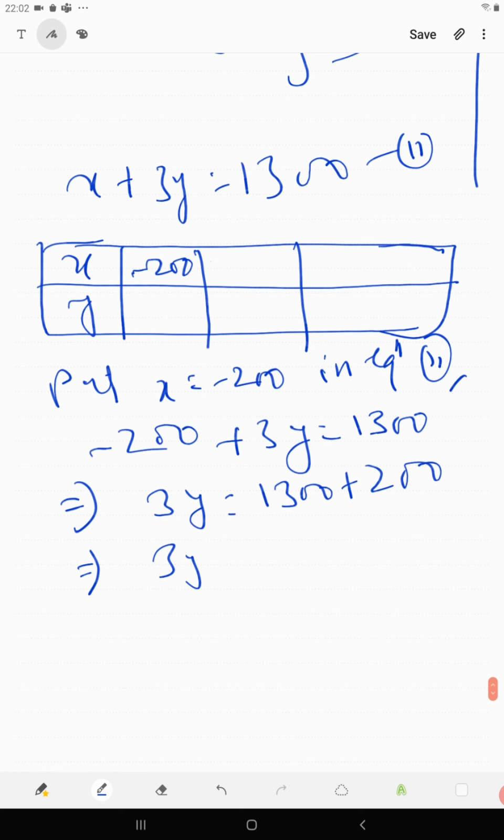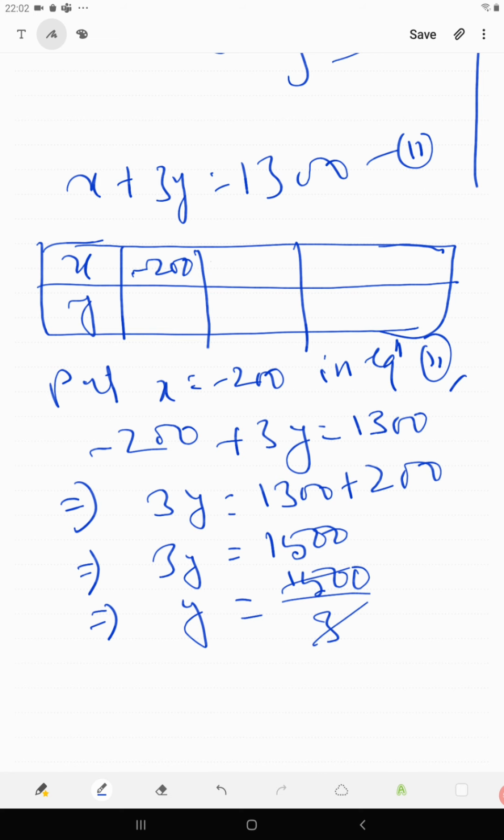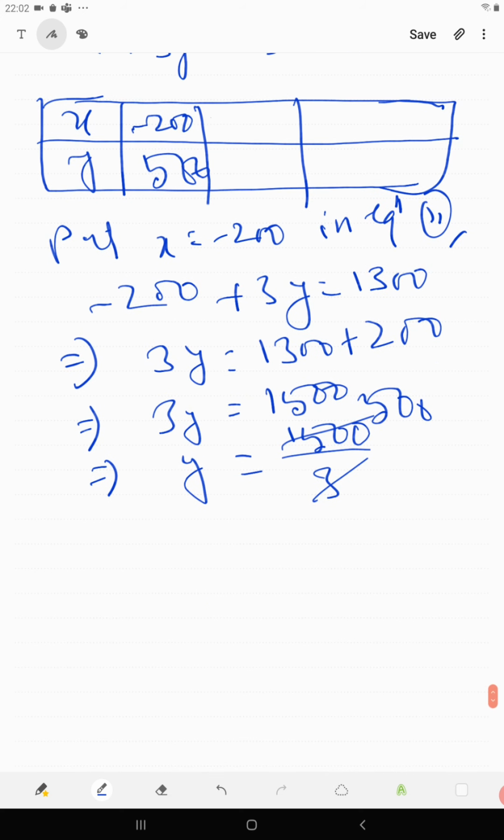So 3y equals 1500. So y equals 1500 by 3. So it will be 500.